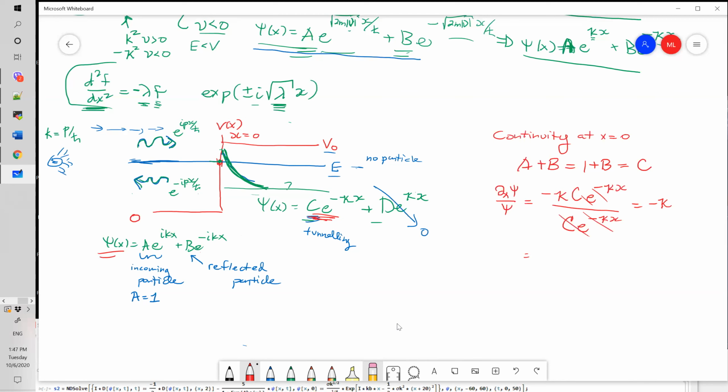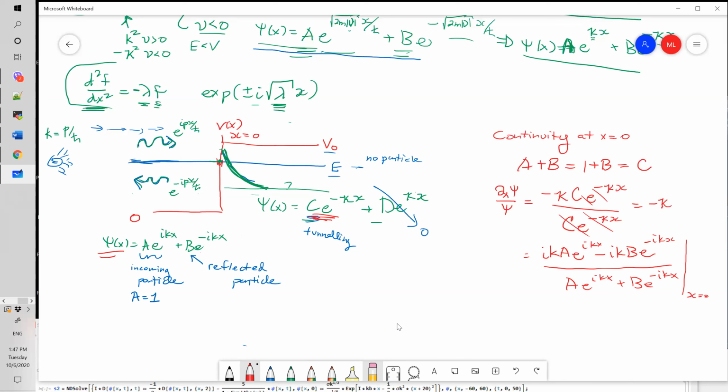So what do we get here? Let's see. We get ik a e to the ikx, right? And we get minus ik b e to the minus ikx. That's the derivative divided by the function itself, which is a e to the ikx plus b e to the minus ikx. Okay, more complicated, but it's not so bad because we're going to make sure it's continuous at x equal to 0.